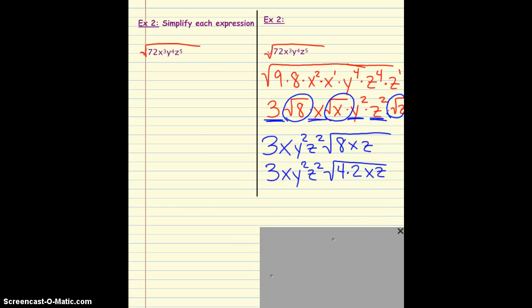So we can bring a 2 out front. So we're going to have 3 times 2, which is going to give us 6. And then we have all of our variables, x, y squared, z squared, square root. We just did our square root of 4, so now we're left with 2xz underneath the square root. So here is our most simplified answer.